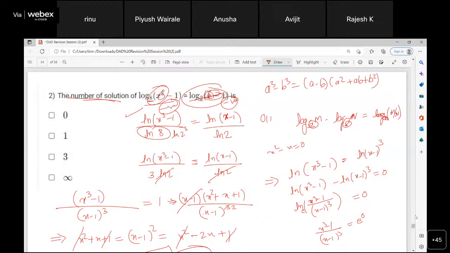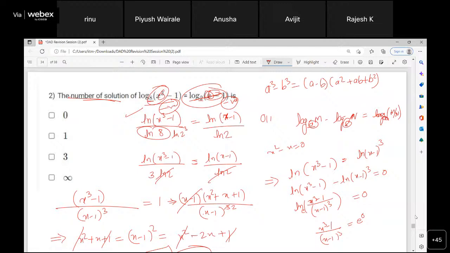x cube minus 1, x minus 1, ln of 2, ln of 8. So the power 3 will go this side. Then we have taken this 3 this side. So x minus 1 whole cube, right?